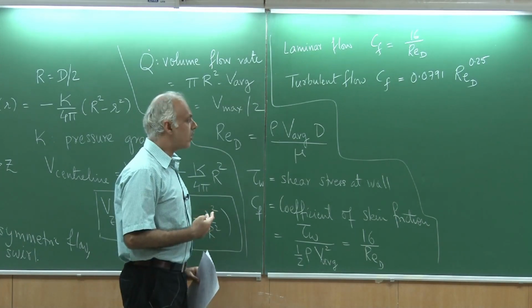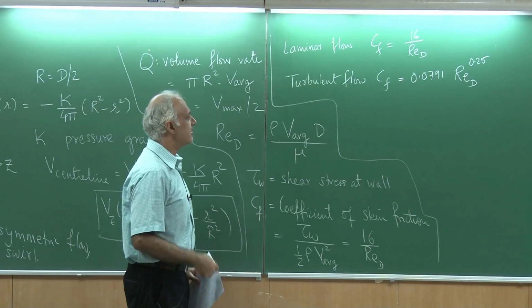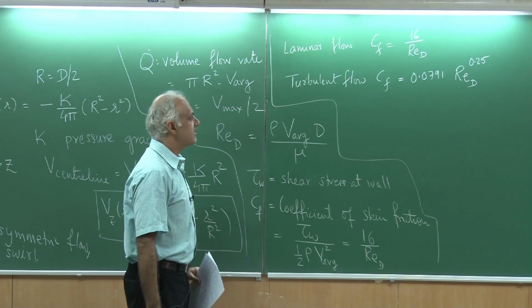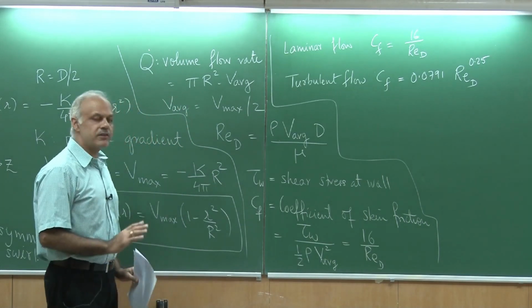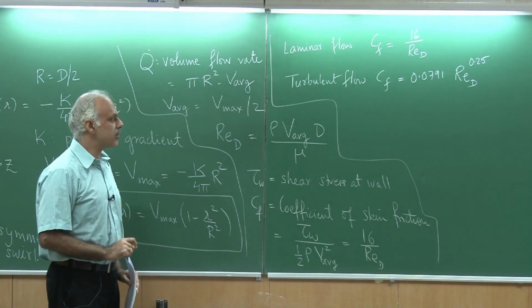And then we were able to draw a graph and look at how the skin friction coefficient changes with Reynolds number. So that's what we had studied about flow through a pipe.